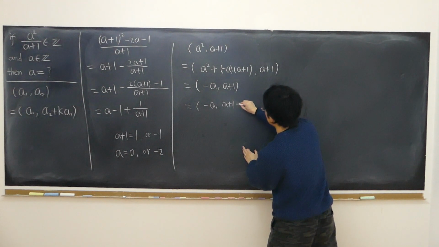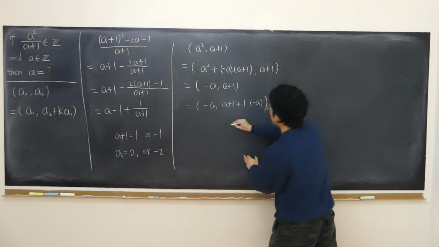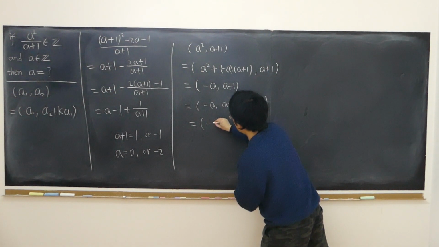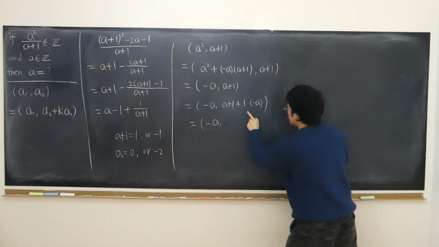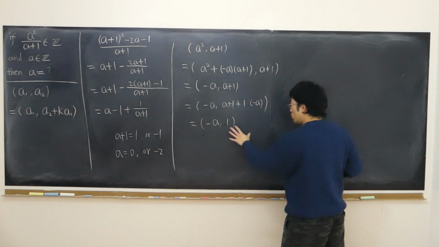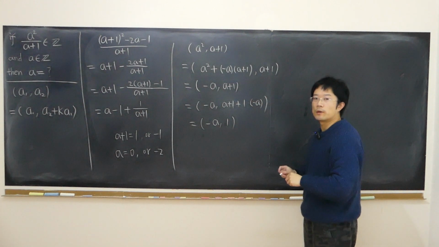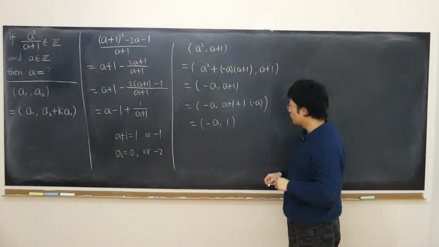So 1 times minus a. Now it's between minus a and, so a minus a cancel out. I have 1 left. So I only need to find out the greatest common divisor between minus a and positive 1.